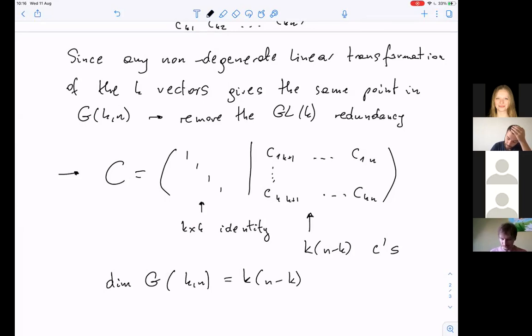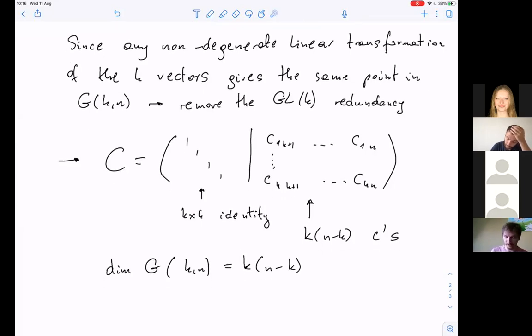So let's see some particular examples. If k is equal to 1, then G1 comma n is the same as the projective space of dimension n minus 1. If I plug in k equal to 1 here, I get 1 times n minus 1, that's n minus 1 dimensions, which is exactly the dimension of the n minus 1 dimensional projective space.